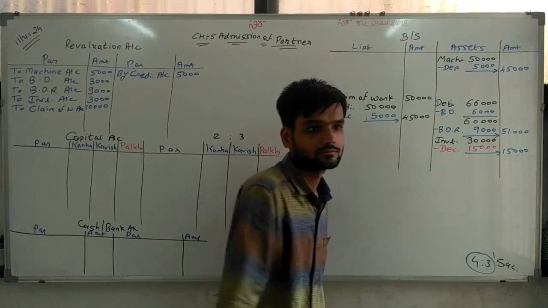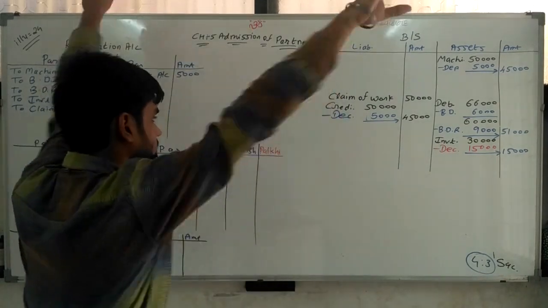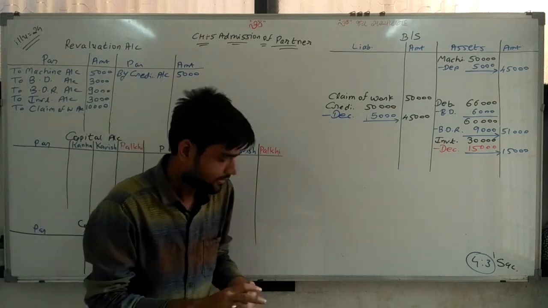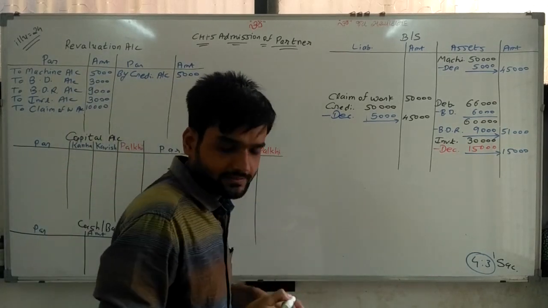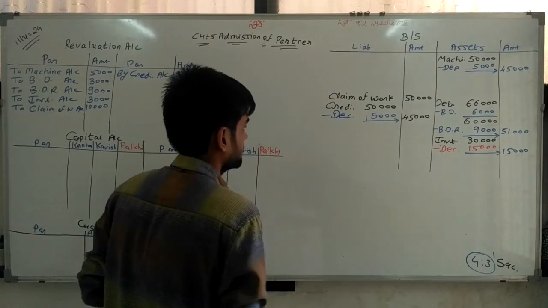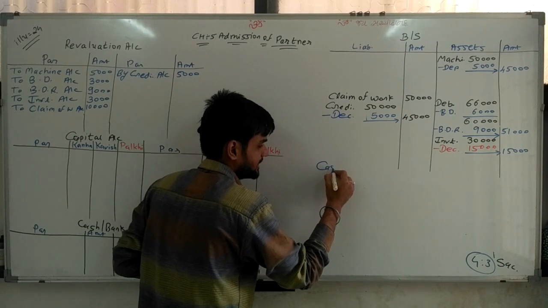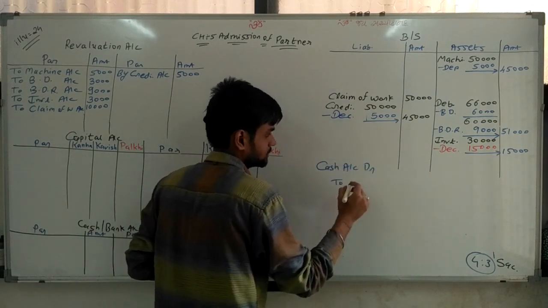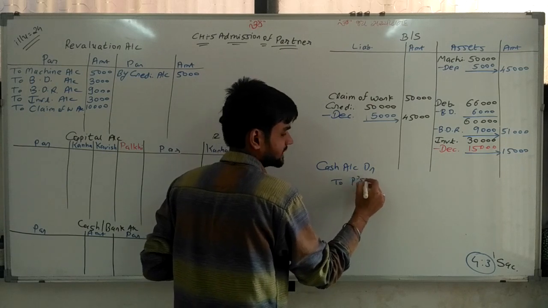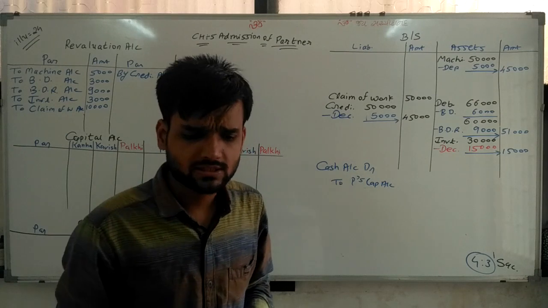Now what are we doing? Journal entry. Cash account debit to Palki's capital account. How many rupees capital?